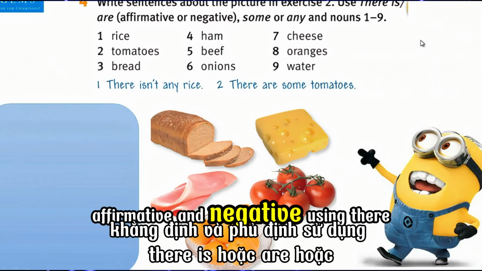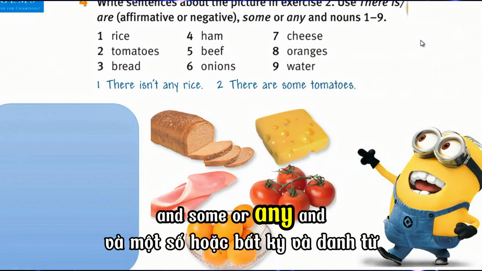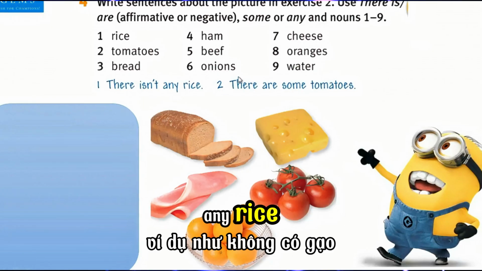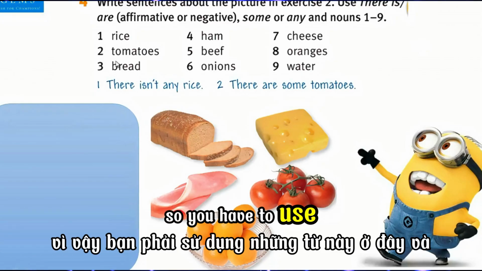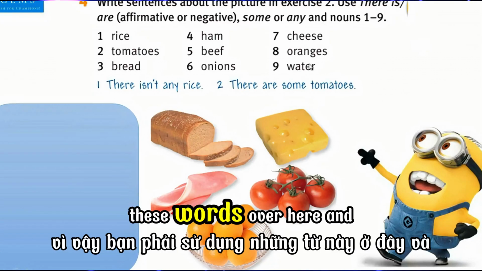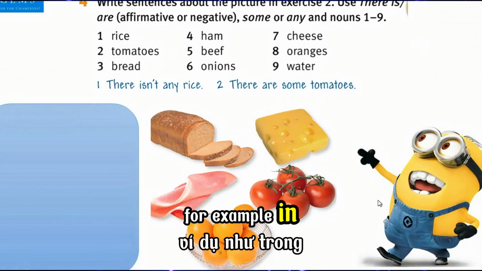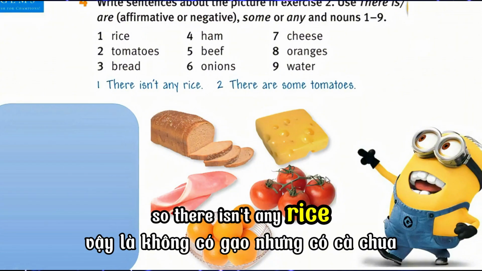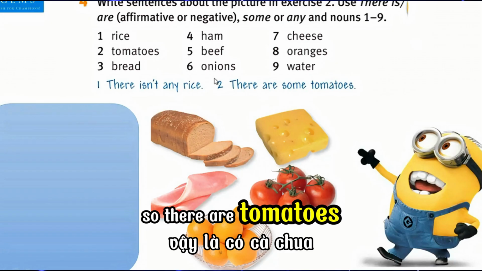Affirmative and negative using there is or are, and some or any, and nouns. So for example, there isn't any rice, there are some tomatoes. So you have to use these words over here but look at these pictures. For example, we don't see a picture of rice, so there isn't any rice. But there are tomatoes, so there are some tomatoes.